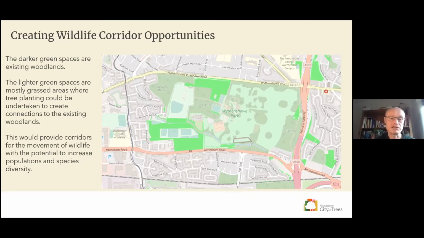So these represent opportunities for us to do some tree planting, to connect those woodlands, to create wildlife corridors, to encourage the movement of species from one compartment of woodland to another. So this is good for hopefully increasing those populations and encouraging species diversity. So this is a useful mapping tool if we want to find out where we can use woodland creation to create those stepping stones or those corridors for wildlife.